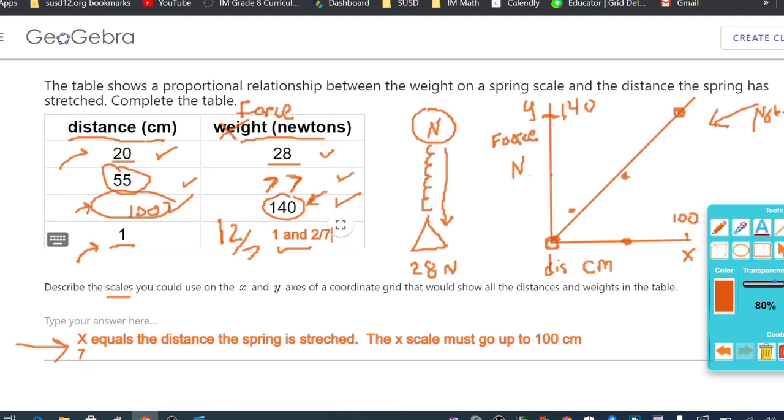Y equals the force in newtons, and the y scale must go up to 140 newtons. Okay, type in your answer, guys. Make sure your notes are complete as well.